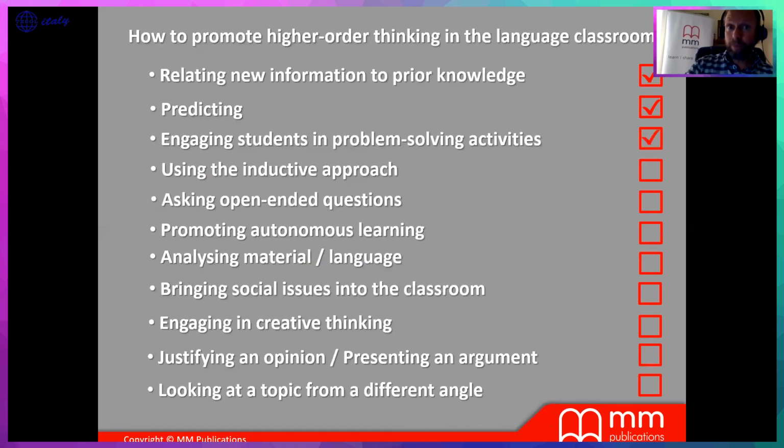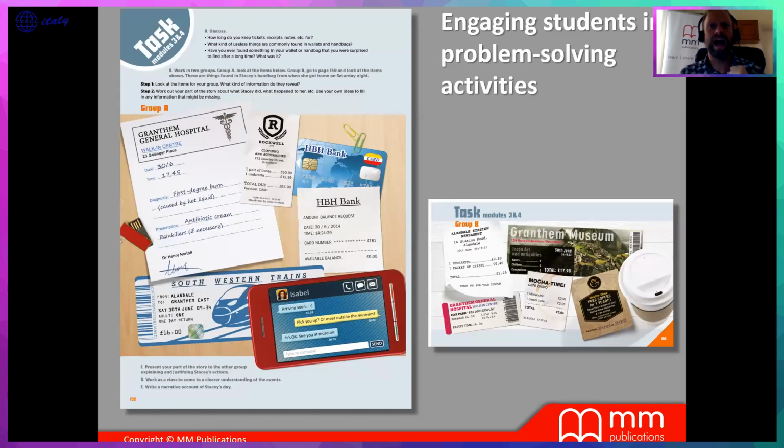Engaging students in problem-solving activities like this one, tasks which ask them to find a reason to communicate. It's not a typical speaking activity. The info that one student has is the info that the other student really needs to have access to in order to have this activity go on.